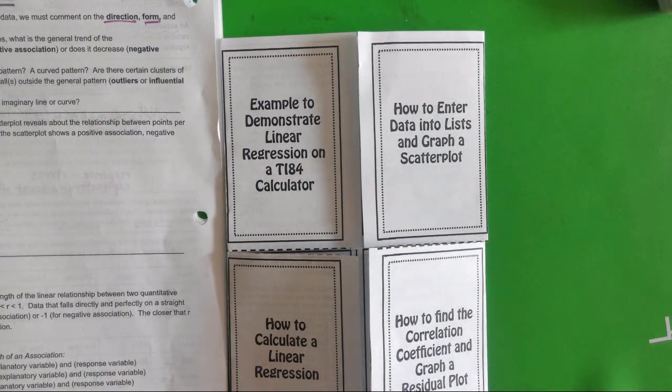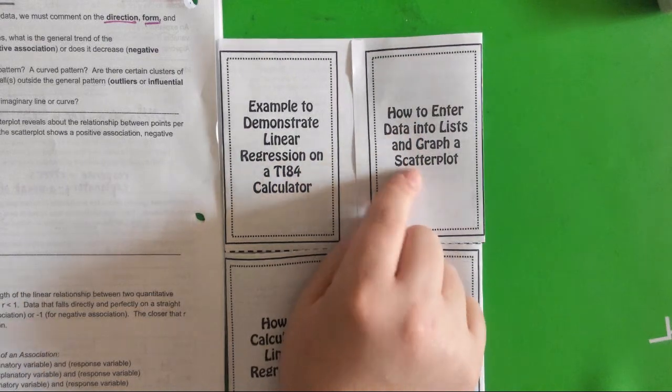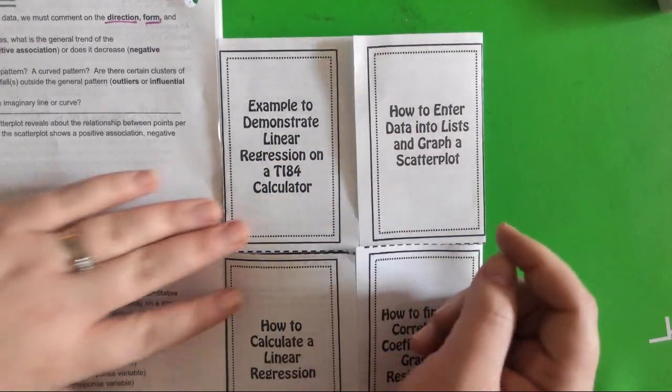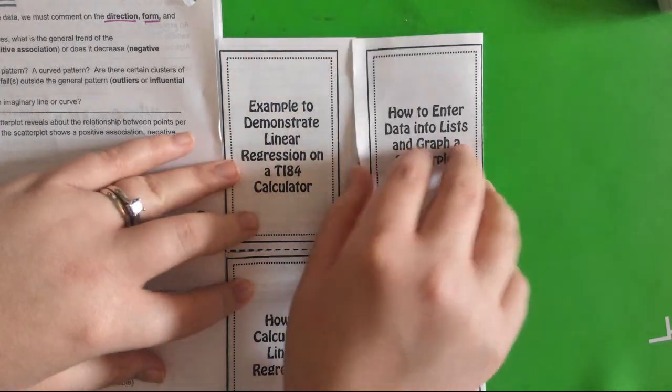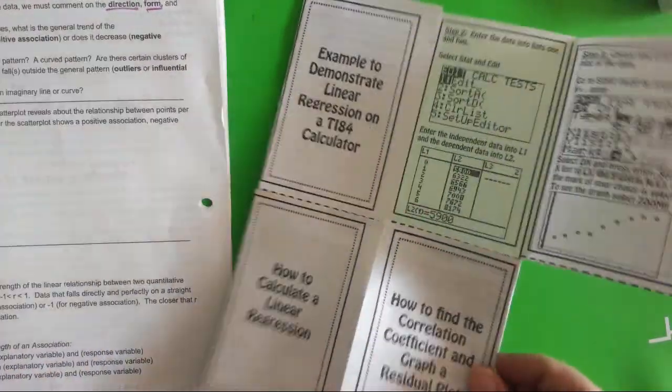I guess we could go ahead and look at one of the flaps in here. The flap that says how to enter data into lists and graph a scatter plot. You learned how to do it before today, but in case you forget, the exact steps are listed in here.